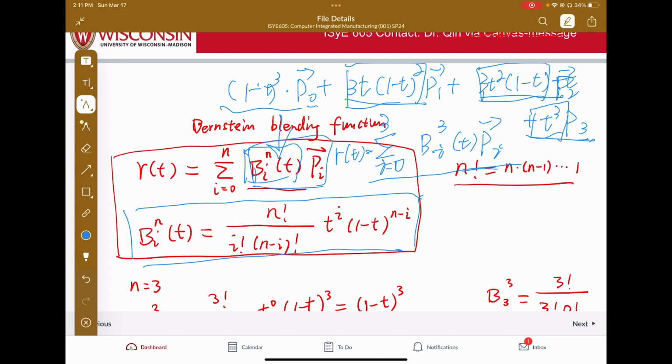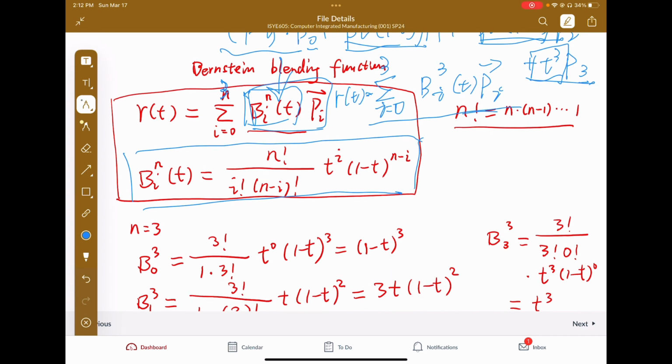So this is a generalized equation to show the Bezier curve, not only for cubic but for all the others. If the order is 3, which is cubic, then n equals 3. And we give a specific name to this b, this coefficient. We call it the blending functions.